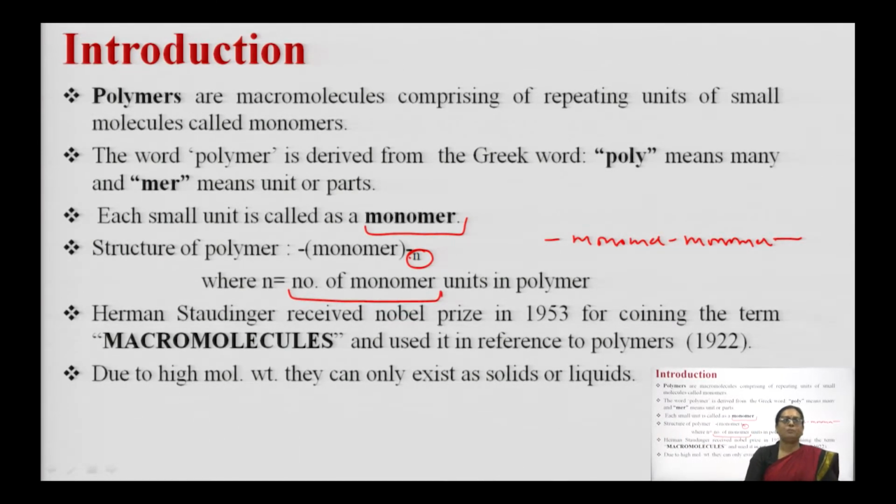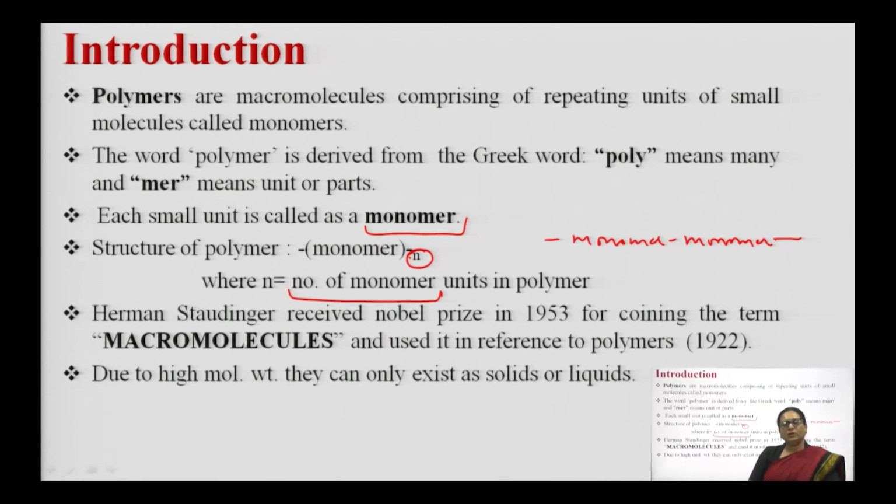We said that they are macromolecules. This term macromolecules was stated by the scientists Hermann Staudinger. He received the Nobel Prize for coining this term in 1953, because he had used this term in reference to polymers in 1922.